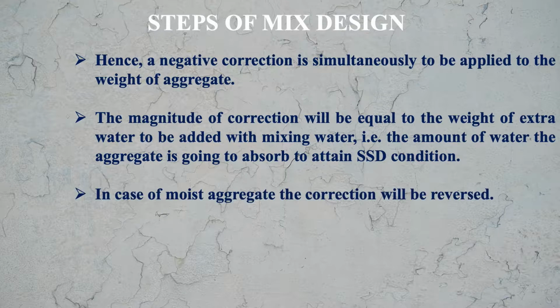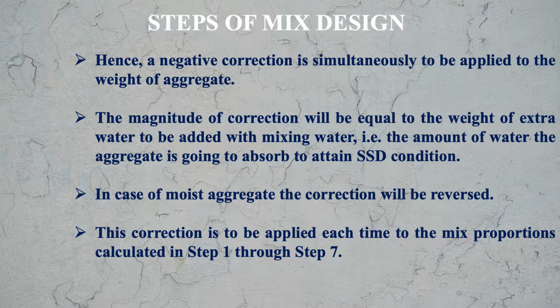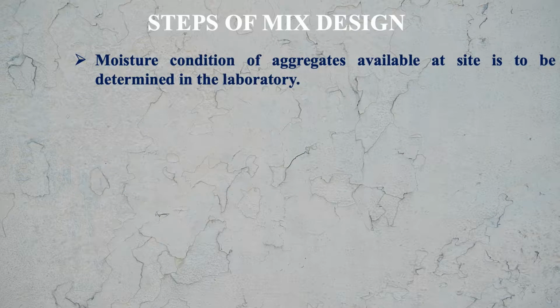In case of moist aggregate, the correction will be reversed. This correction is to be applied each time to the mix proportions calculated in step 1 through step 7. Moisture condition of aggregate available at site is to be determined.